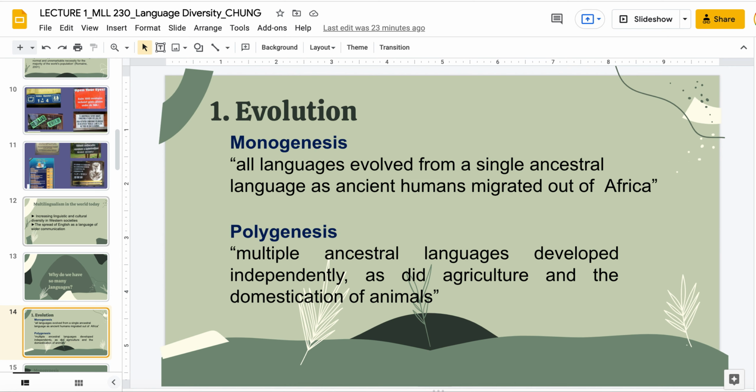The polygenesis theory of linguistic evolution talks about, instead of maybe just one ancestor, maybe there are multiple ancestors. Maybe early cavemen, cave women, cave people, ancestors all spoke different languages, and then our languages derive from that. So we're not really sure, and the reason we're not sure is because nothing was written down, right?